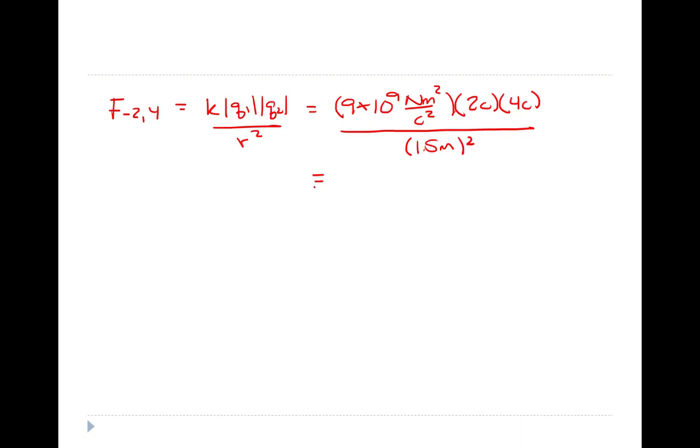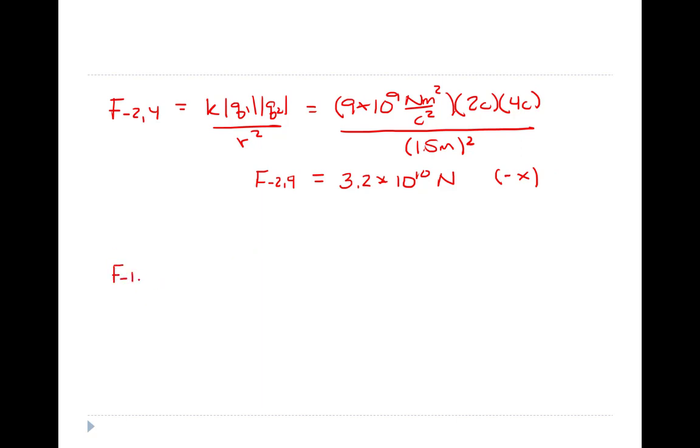When I multiply all of that together, it works out to be 3.2 times 10 to the 10 newtons, and based on the diagram that I had before, I know that this will be in the negative x direction, so I'm just going to make a little note there to remind myself of what that one is.